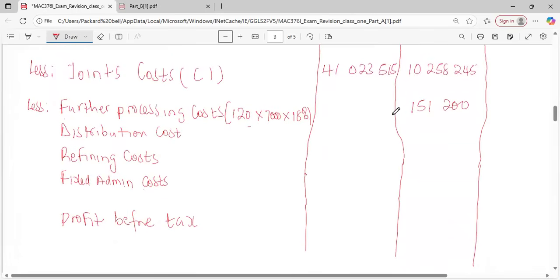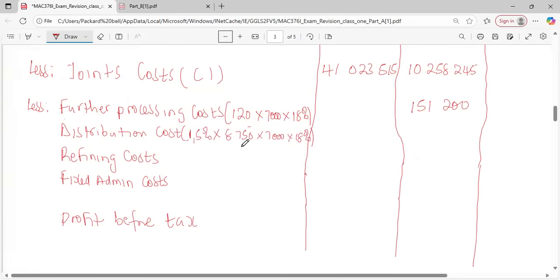So let's calculate the distribution cost for S oil. It's going to be 1.5% times the sales price times the quantity. Am I correct? That's how we should put it. Right?